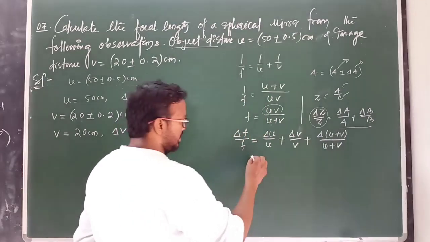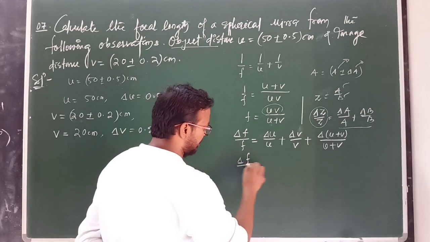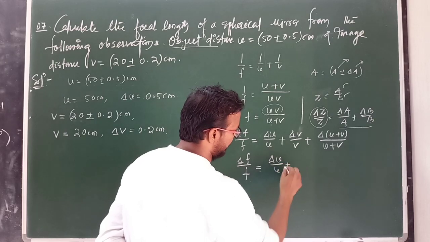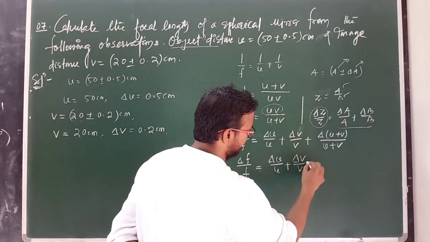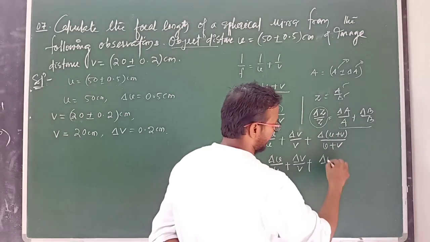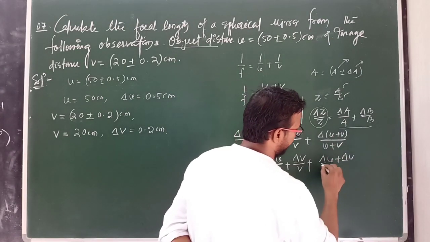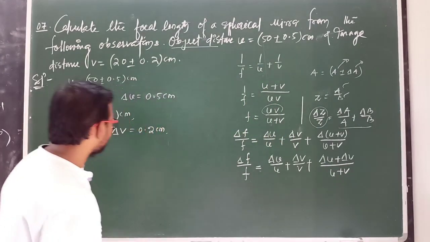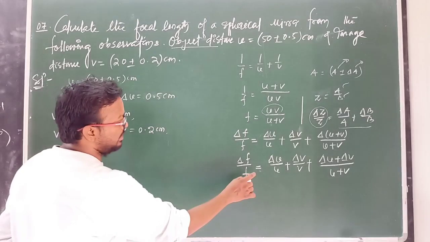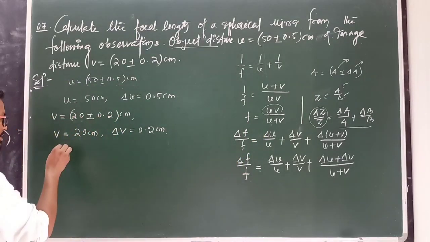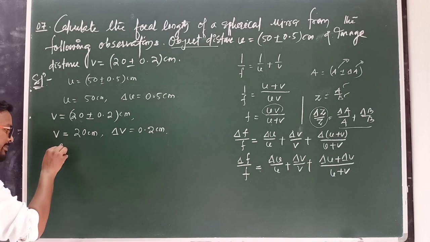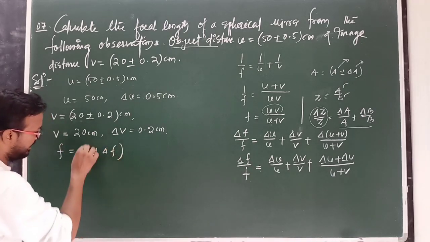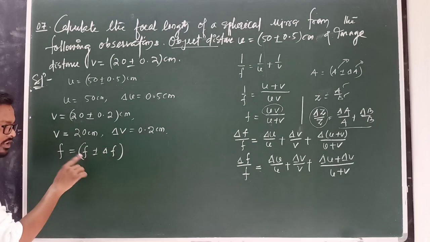So if you write it in another format, delta f by f equal to delta u by u plus delta v by v plus delta u plus delta v divided by u plus v. Clear? So first we have to find the value of f, because we have to find the maximum possible error in f. So f equal to f plus minus delta f, where this is the error and this is the true value. So first find the true value here.